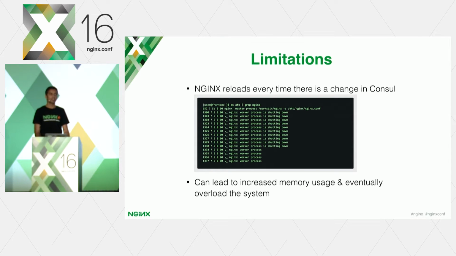Now, one of the limitations when using open source NGINX is that every time there's a change in Consul, Consul Template will rewrite the config, and it needs to be reloaded.